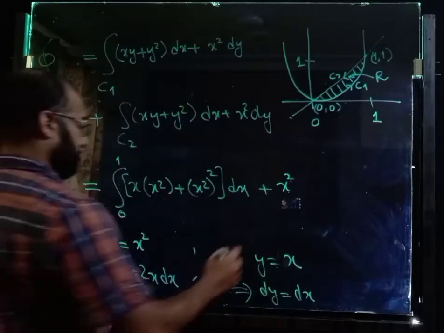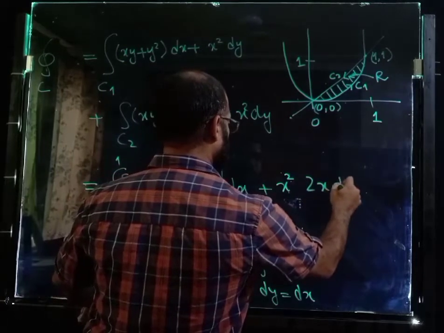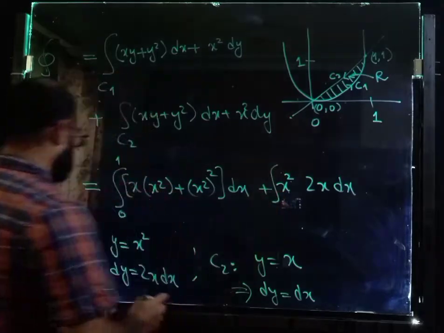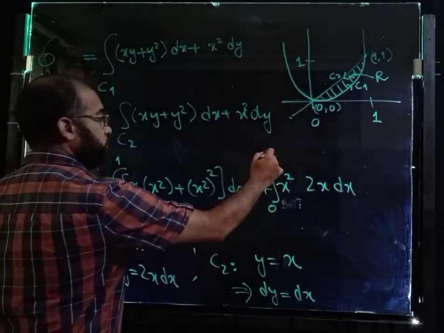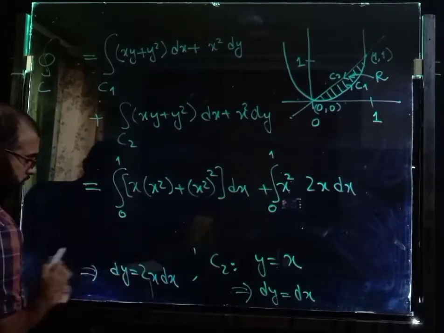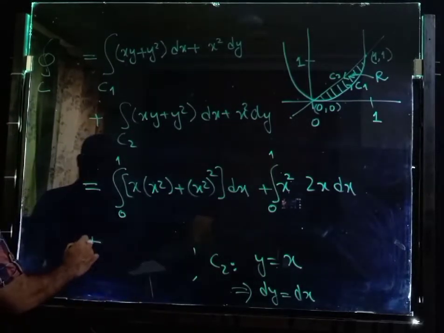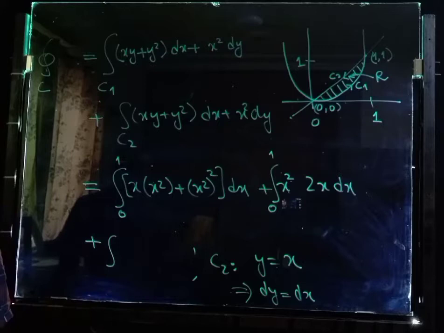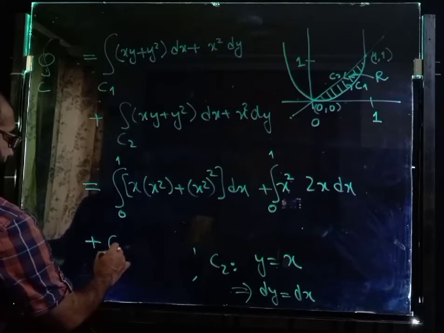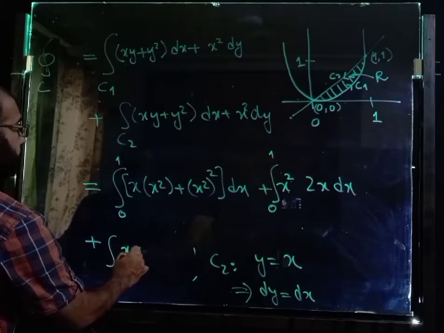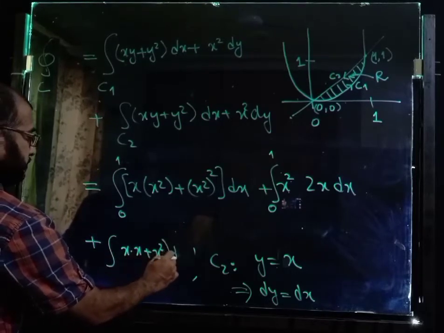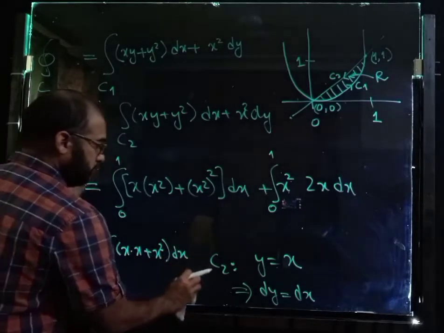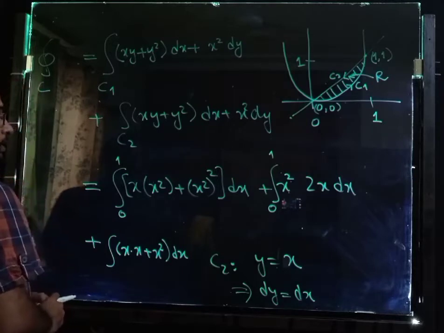What is dy? dy is 2x dx, from 0 to 1. And for the curve C2, y is x, and x square dy.